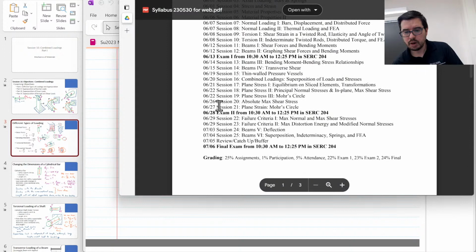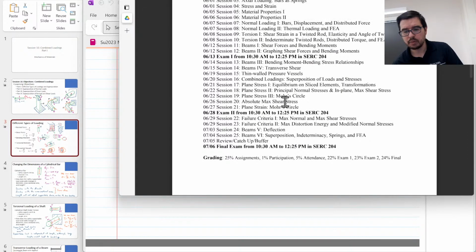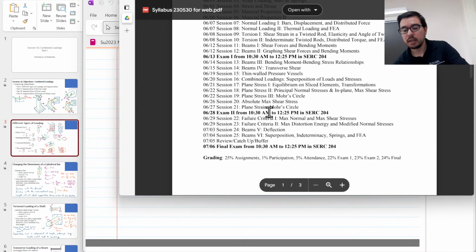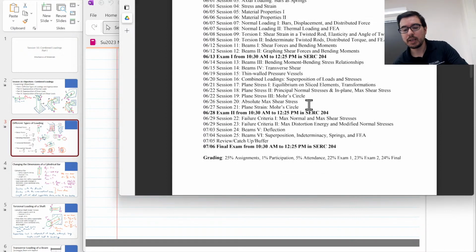It should cover everything through session 20, including absolute max shear stress, what we were doing the day before. Plane stress, plane strain won't be on there. Session 21 won't be, but session 20 will be.